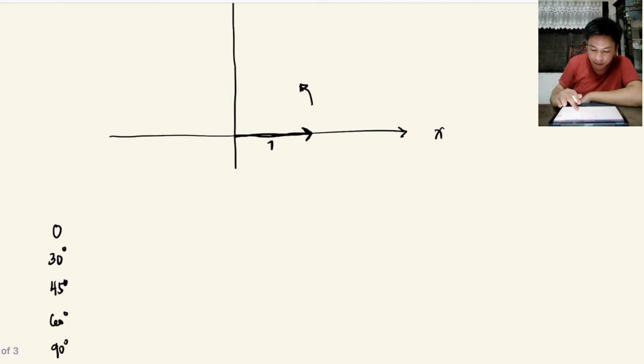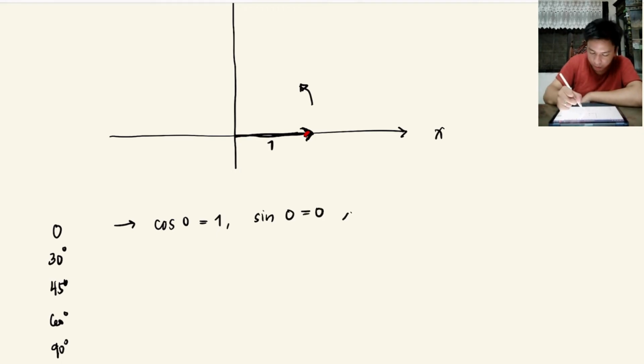So meaning to say that since the length here is 1, our cosine of 0 is 1. And then there is no vertical distance from this point here to the x-axis. So therefore, our sine of 0 is 0.